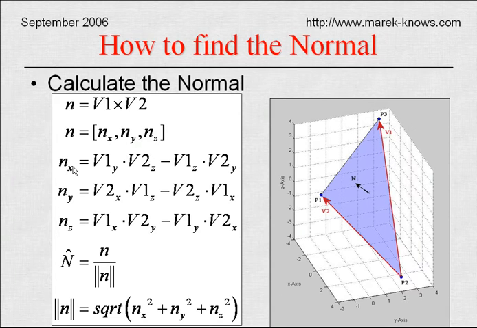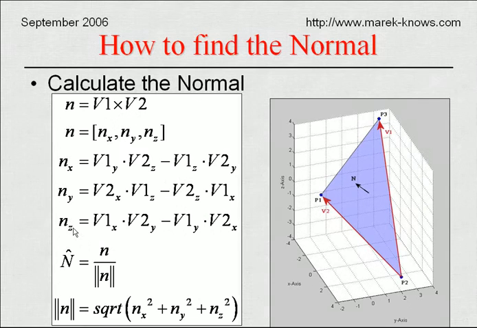So the x component of the normal is equal to v1y times v2z minus v1z times v2y. The y component of the normal is equal to v2x times v1z minus v2z times v1x.